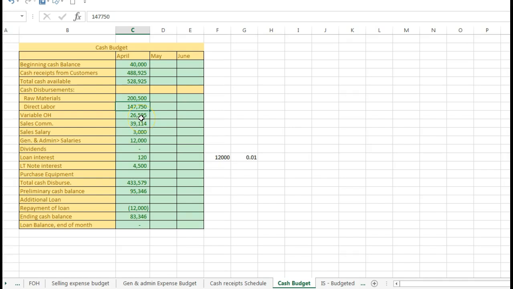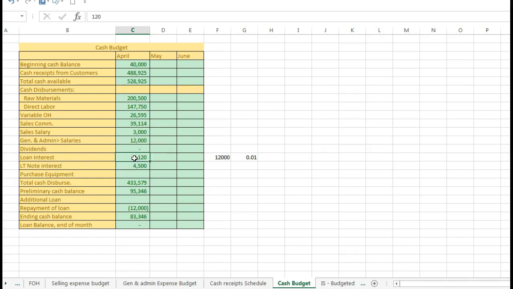This is from our variable overhead budget. This is from our sales commission. This is from our sales salary. These are our gen and administrative salaries. There were no dividends, but there will be, I think, in May. So you'll have to watch that.